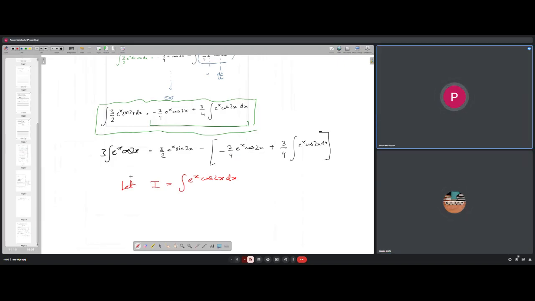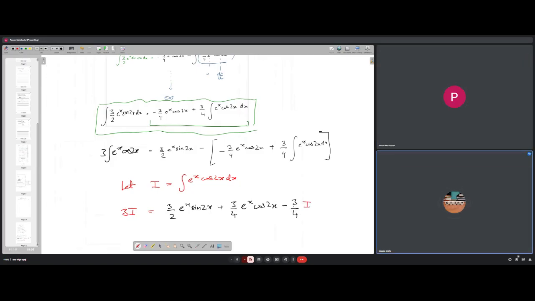So you would have 3I over 2 is equal to 3 over 2 e to the x sine 2x plus 3/4 of e to the x cosine of 2x minus 3/4 of I.